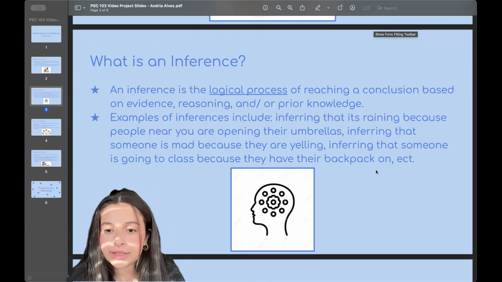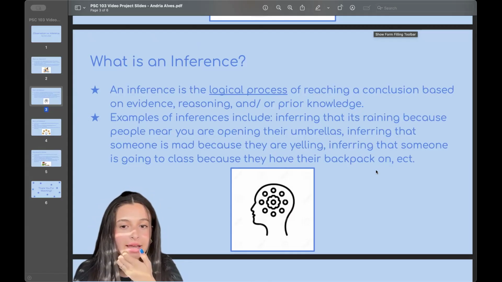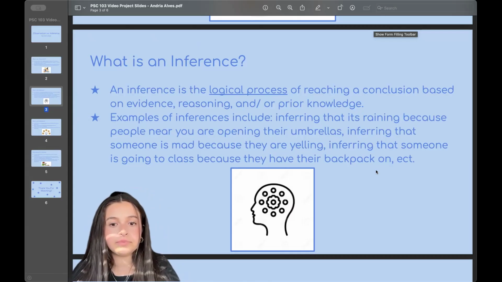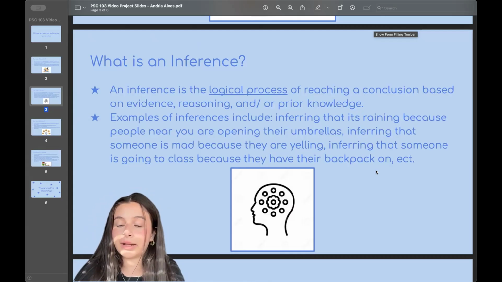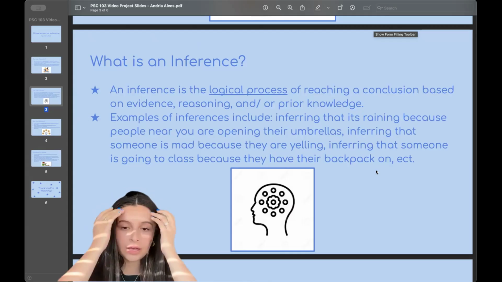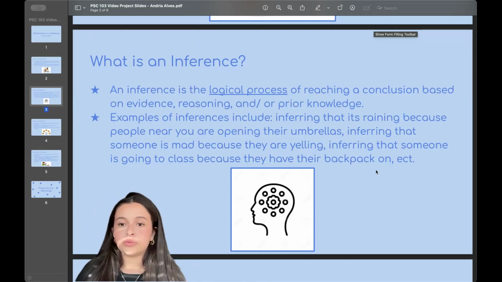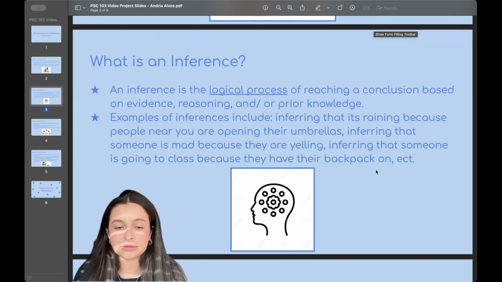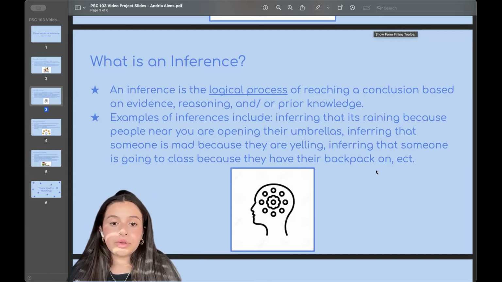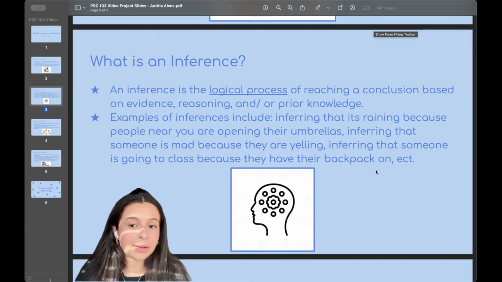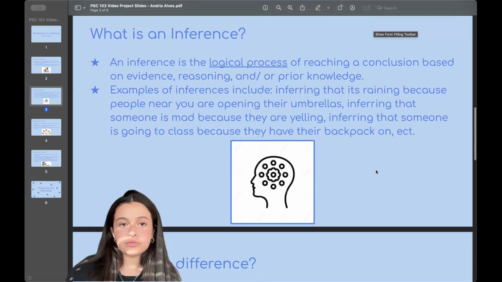Last example is inferring that someone is going to class because they have their backpack on. You can see that somebody has their backpack on, and you know from your prior knowledge what backpacks are used for, which is often going to school. So you come to your inference that that person is going to school.